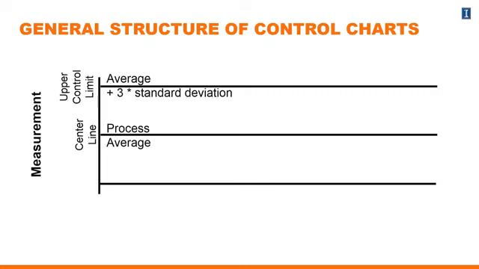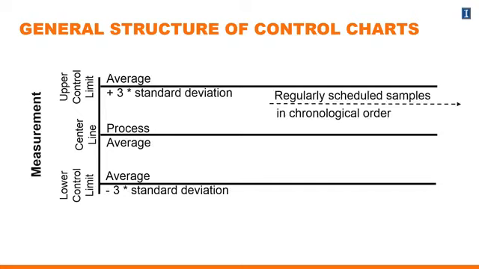The upper and lower control limits are going to be based on 3 standard deviations above and 3 standard deviations below the process average. And once you've calibrated this kind of a control chart, you will plot the samples. You will take the samples from that process and you will plot them in chronological order going left to right. The idea being that you're looking for points outside of the control limits, but you're also looking for any kind of pattern that you might see in this control chart, even if there is not a single point outside of the control limit.